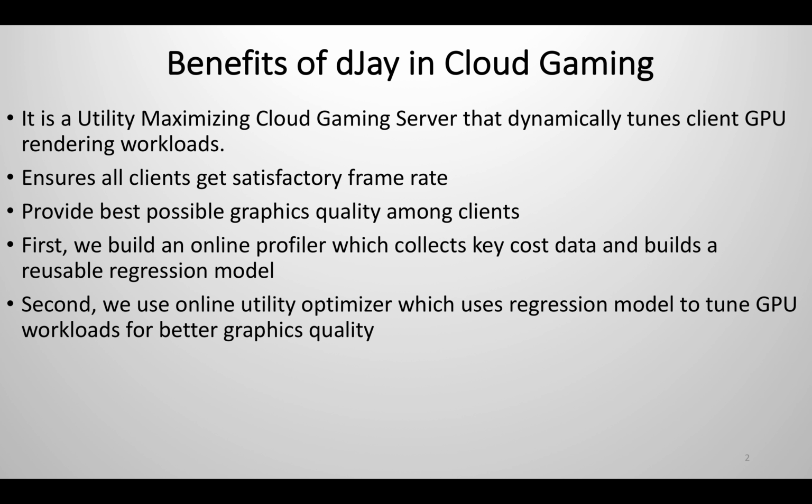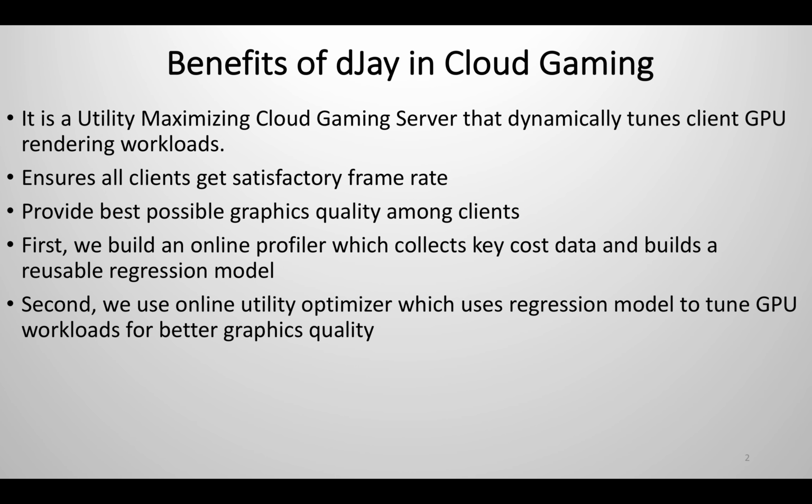In order to reap the benefits, we will have to build an online profiler which collects key cost data and builds a reusable regression model. So the regression model is basically used for comparison amongst the variables, the relationship among variables. Second, we use an online utility optimizer, which uses the regression model to tune GPU workloads for better graphics quality.